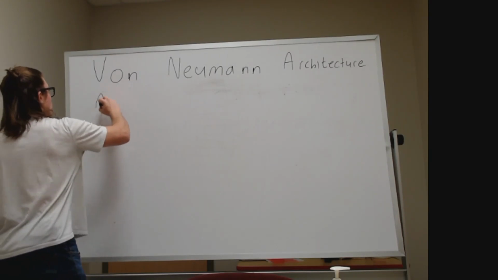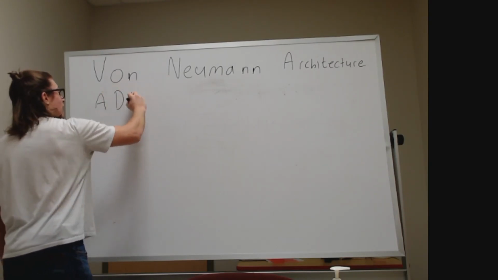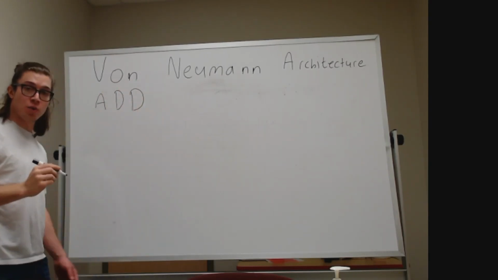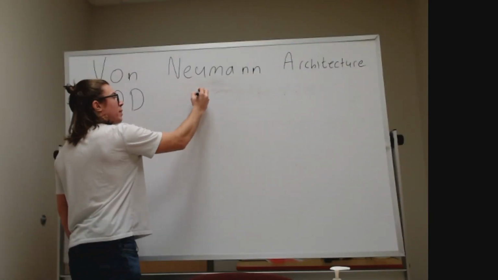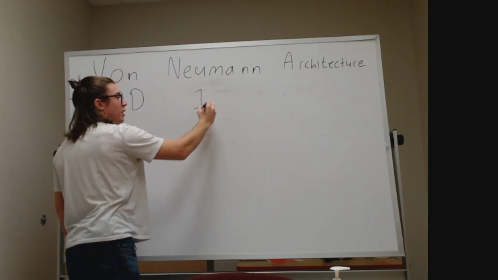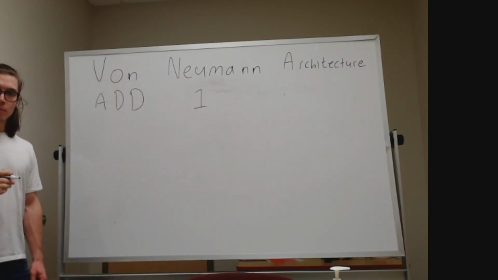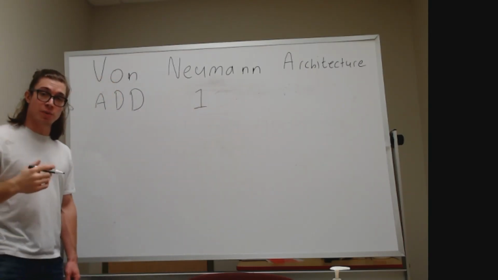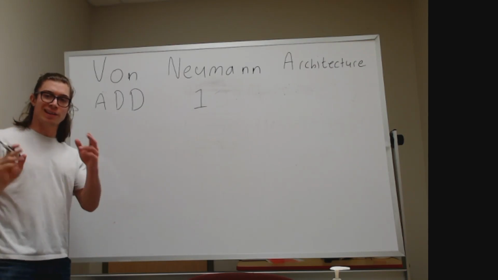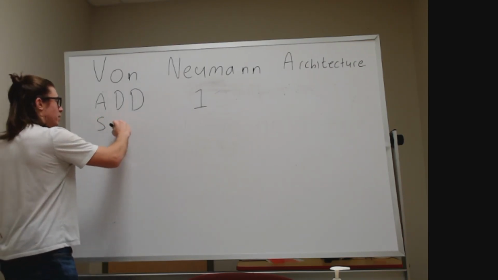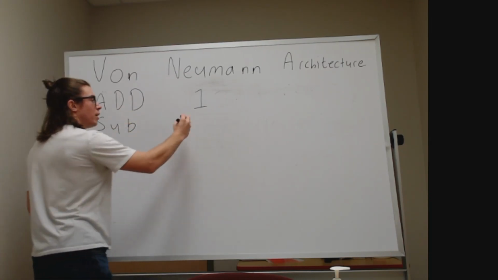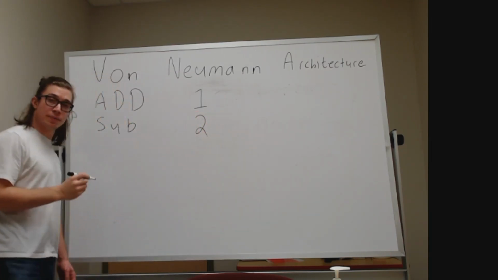we could say, okay, well the code for adding two numbers together is going to be 1, all right? And now I'm going to write 1 here, but we're going to talk about what this code actually looks like when it comes to an electrical signal. And then let's go ahead and say that subtract can be 2, all right?